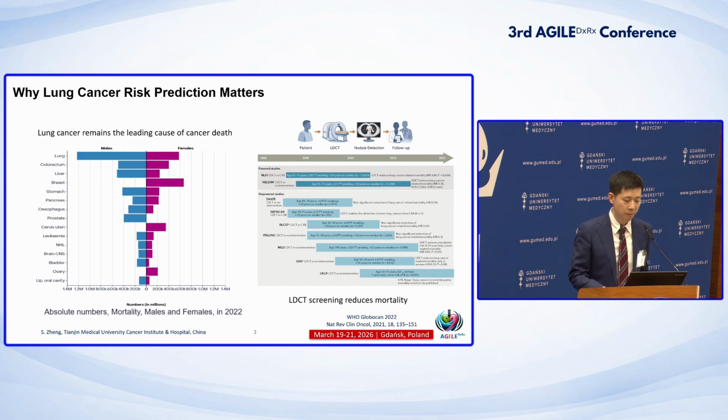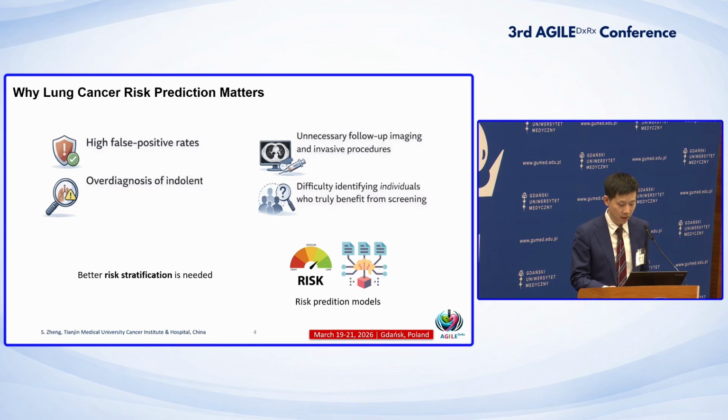Lung cancer remains the leading cause of cancer-related mortality, and LDCT screening, such as the NLST program and the Nelson program, has shown improved early detection and reduced mortality rate in the past 20 years.